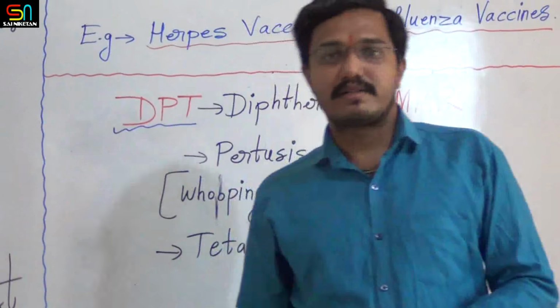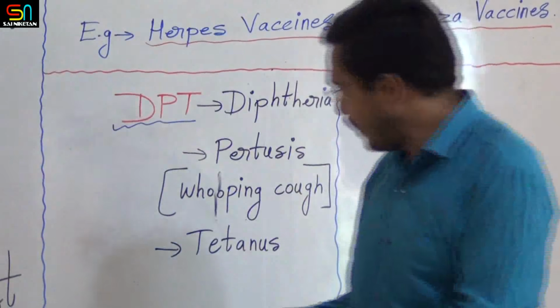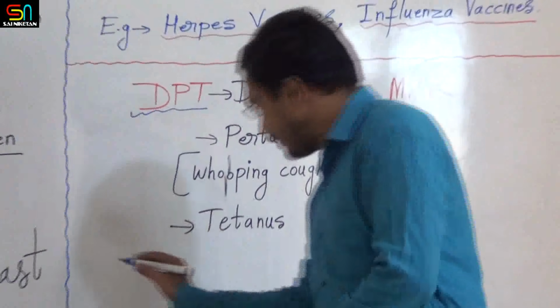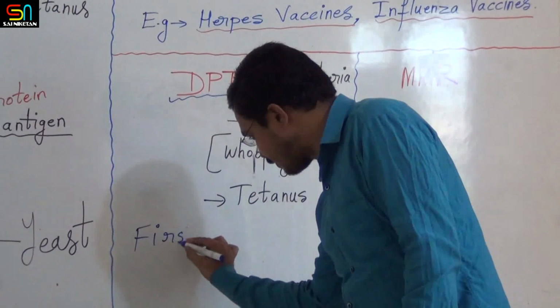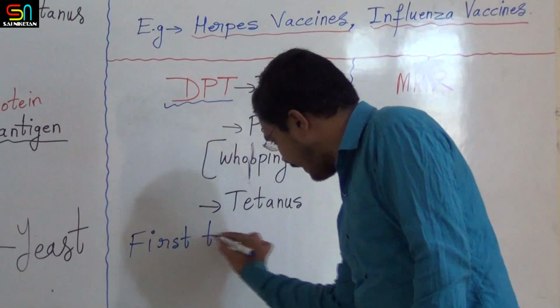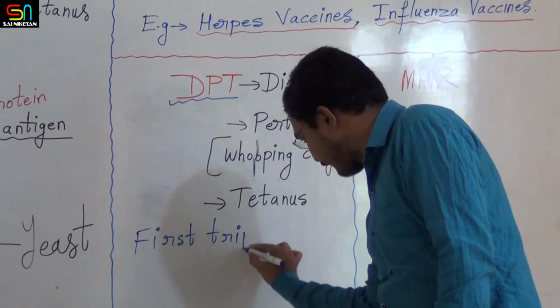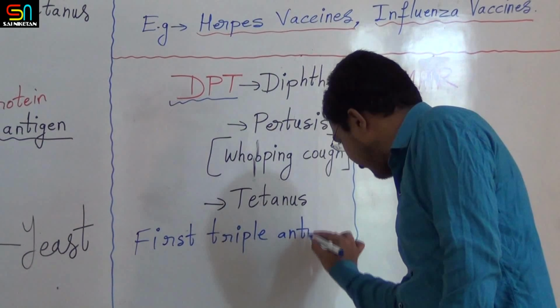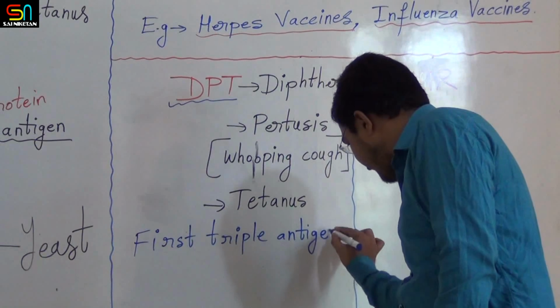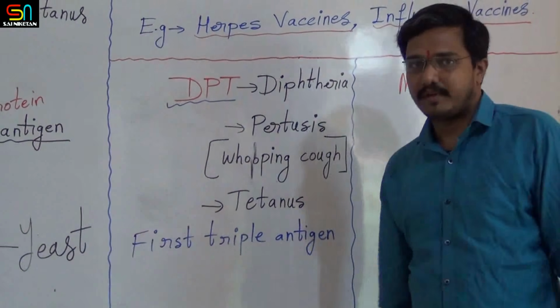That's why it is called combined vaccines. And remember, this is the first triple antigen vaccine. Triple antigen vaccine. Okay, triple antigens are present in this.